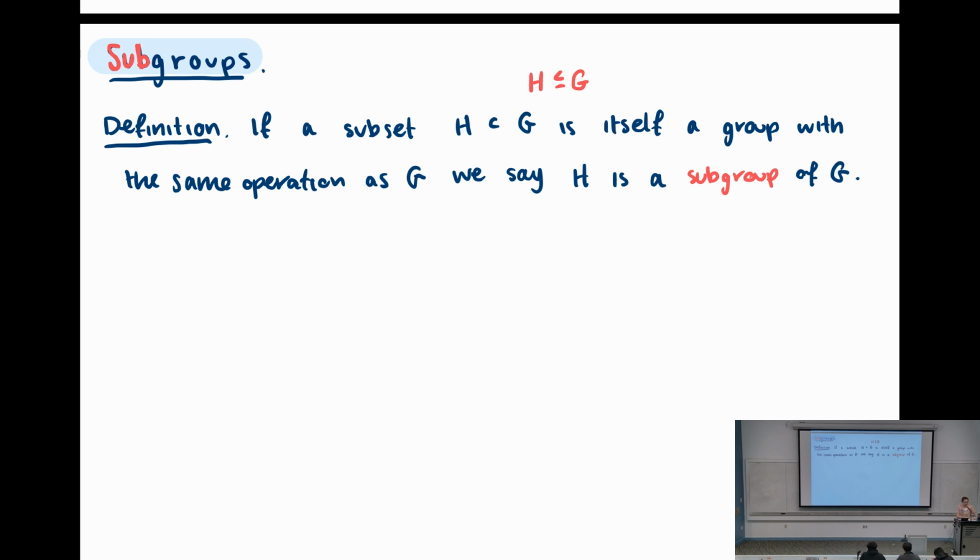So this is a subgroup, and two types of subgroups that you should be aware of right off the gate: the set containing the identity is always a subgroup. So this is a subgroup, and it's called the trivial subgroup.